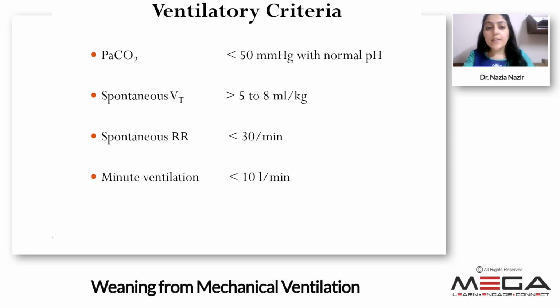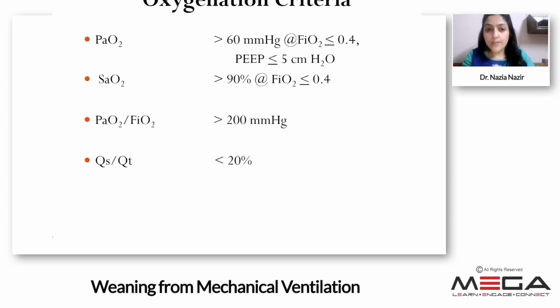The ventilatory criteria are that a patient should have a PaCO2 of less than 50 with normal pH, be able to generate a tidal volume of more than 5 mL per kg, with a respiratory rate of less than 25 to 30 per minute, and a minute ventilation of less than 10 liters per minute.